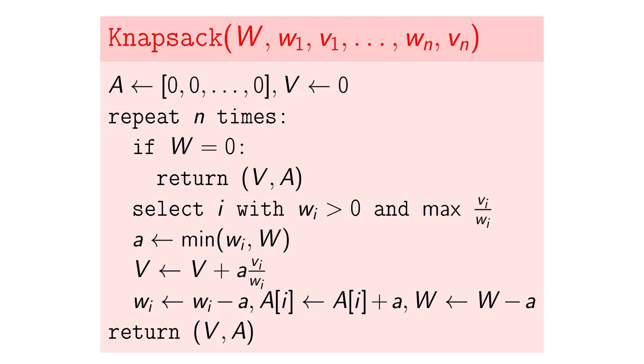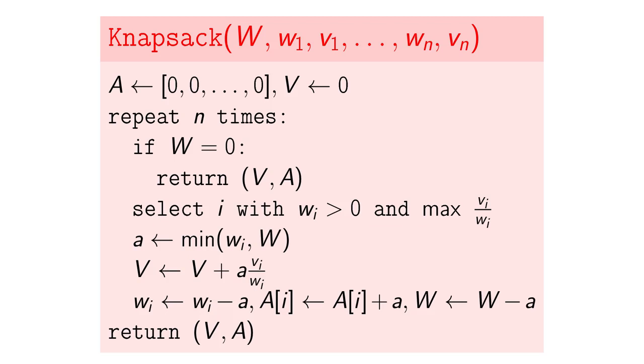After we've selected the amount, we just update all the variables. So we update w_i by decreasing it by A, because we took A of this item. We also increase the amount A[i], corresponding to item number i, by the value A, and we also decrease the capacity left, W, by A. Also, we increase the value V by A multiplied by v_i and divided by w_i.